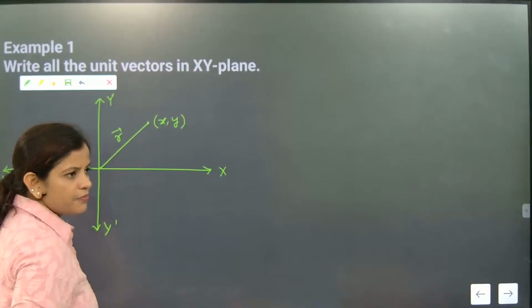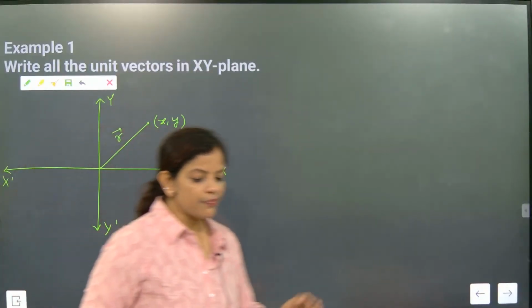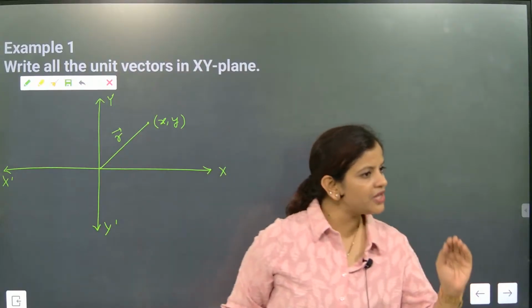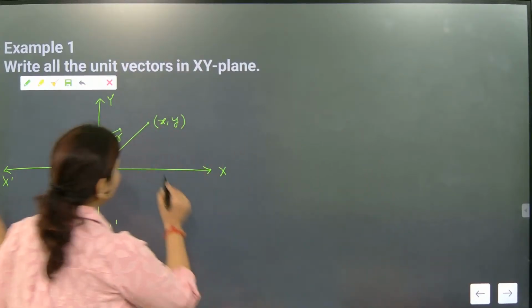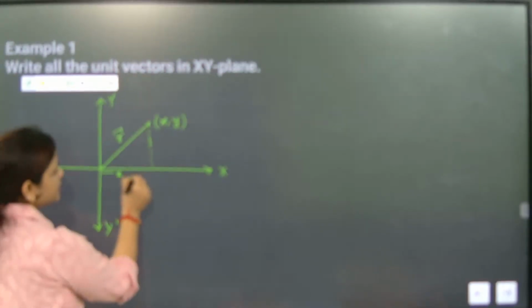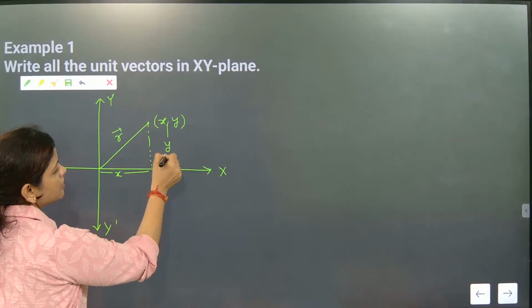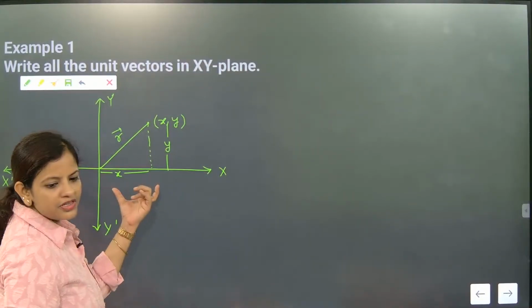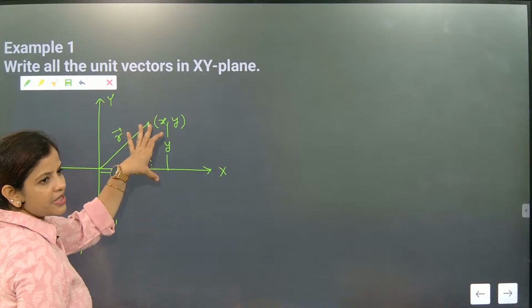Correct? Because any point we have taken, what is this width, beta? x. What is this width? y. One width is coming as x, one width is coming as y.